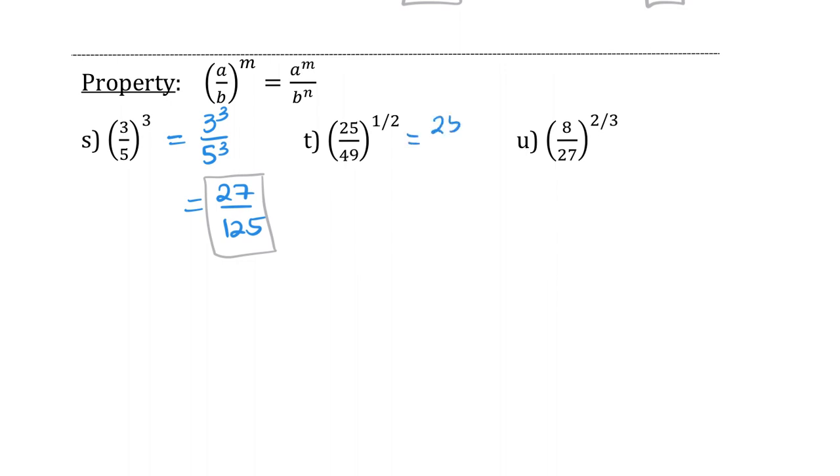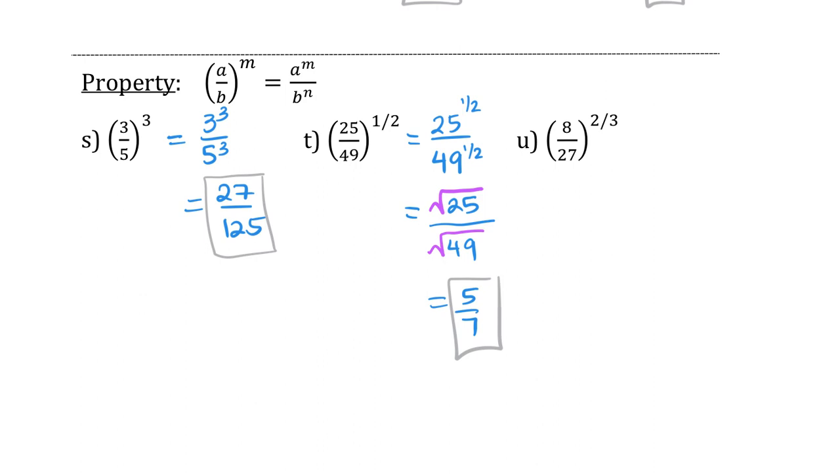That's the same as 25 to the 1/2 over 49 to the 1/2. Okay, 1/2 is a root, so this is the square root of 25 over the square root of 49, which gives me 5 over 7.